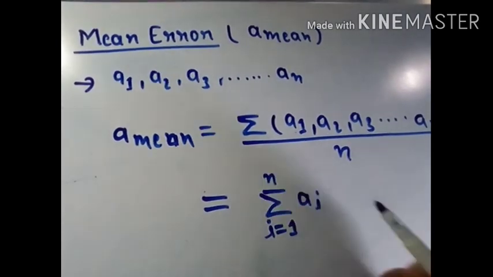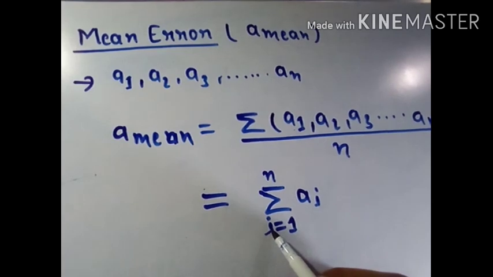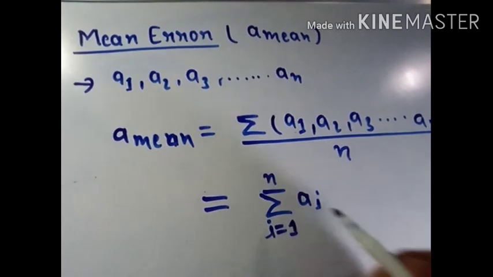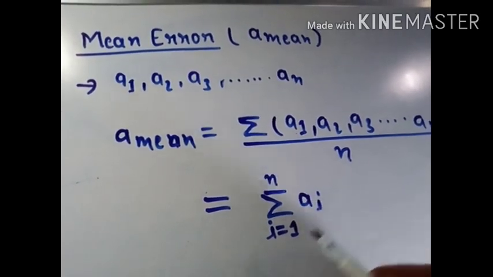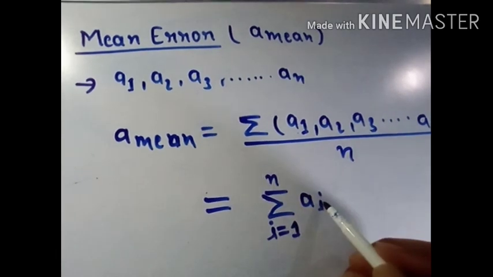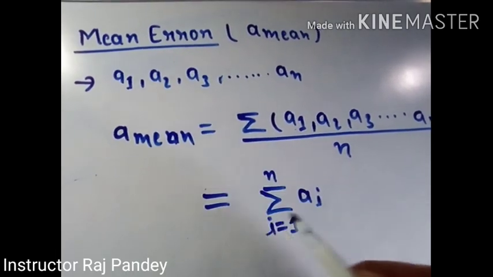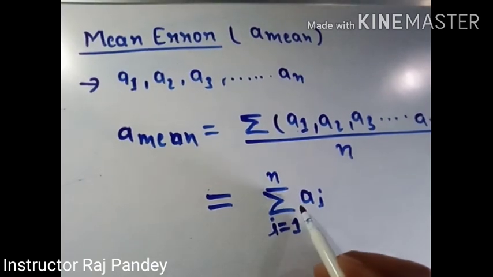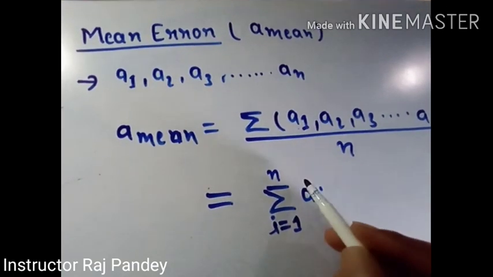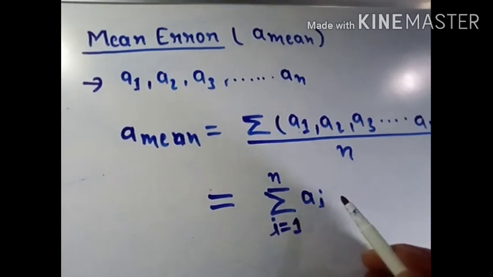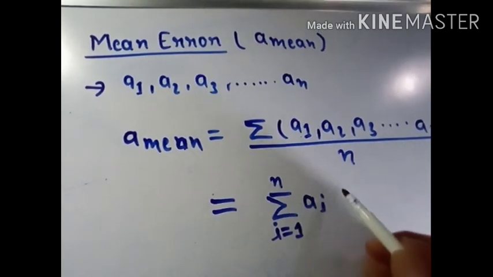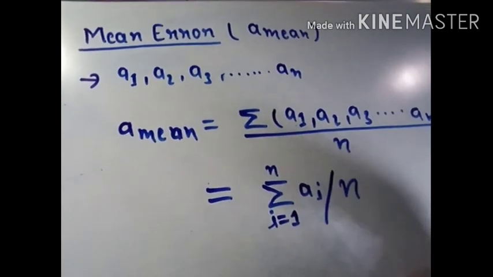Now understand, when i is equal to 1, this will be a1. When i is equal to 2, this will be a2. When i is equal to 3, this will be a3, and this summation operator will allow all the quantities to be added. And the whole is divided by n.